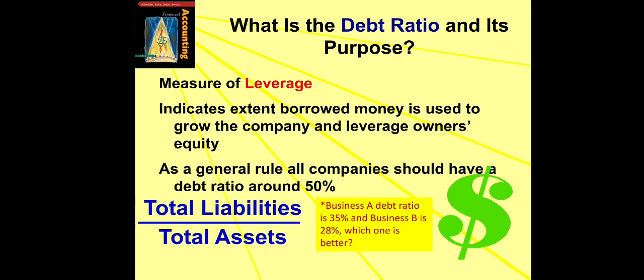Another thing that you have to know about debt ratio is that in accounting we use a 50% cut off. If a business has a debt ratio of 50% or below, we will say that the business is still okay in terms of debts or leverage.